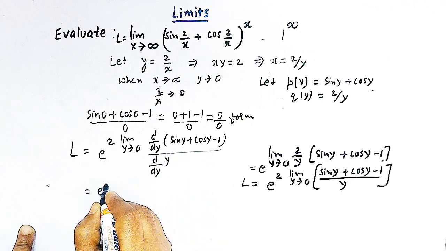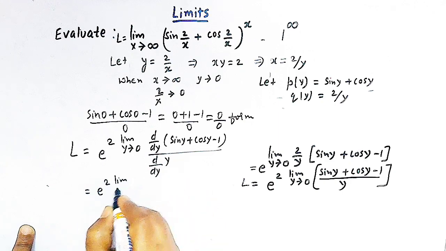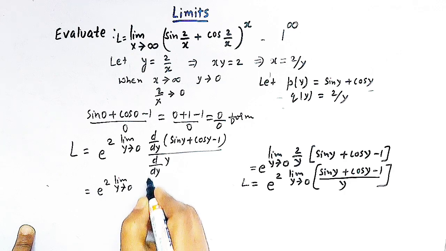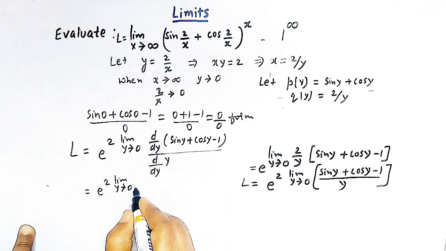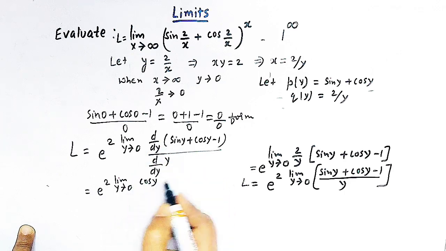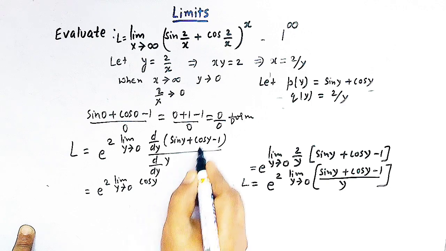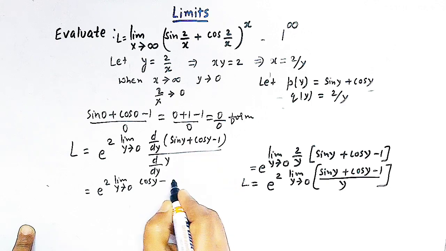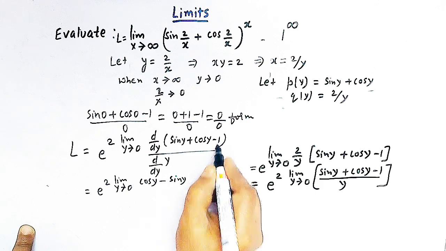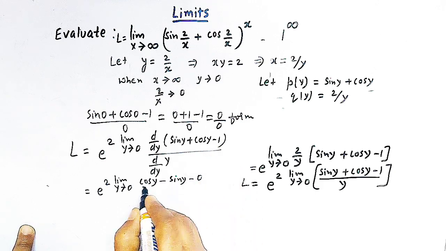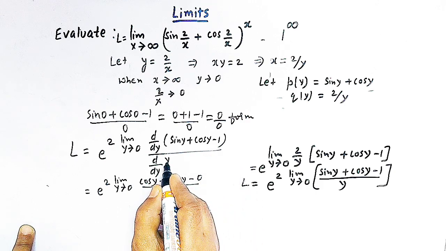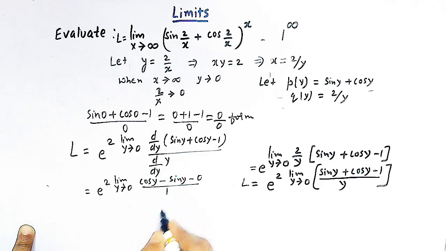So we have e raised to 2 times limit y tends to 0. The derivative of sine y is cos y, and here the derivative of cosine y is minus sine y. Then the derivative of 1 is 0, and here the derivative of y with respect to y is 1.